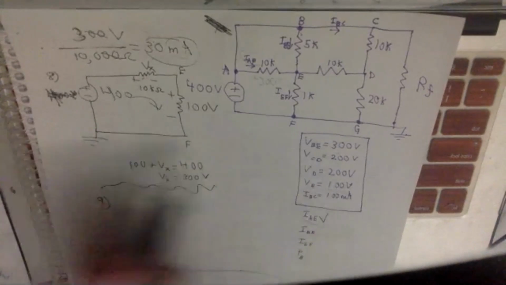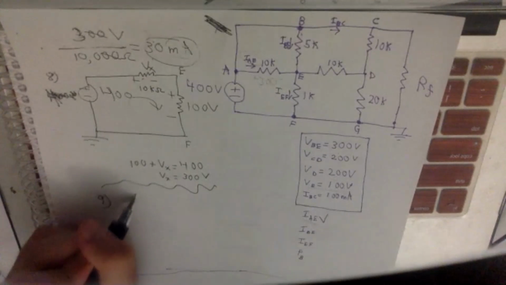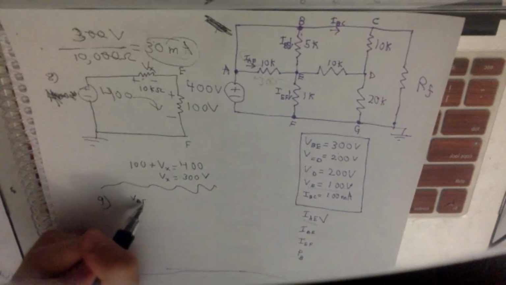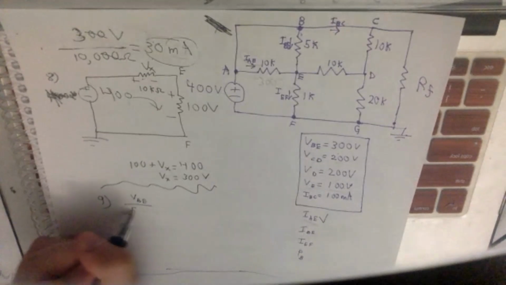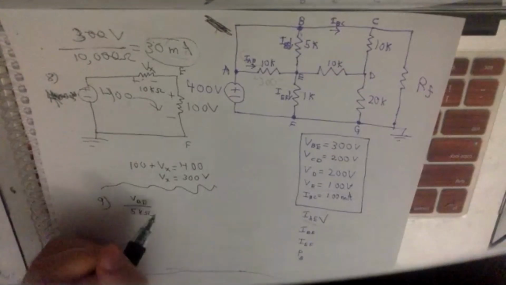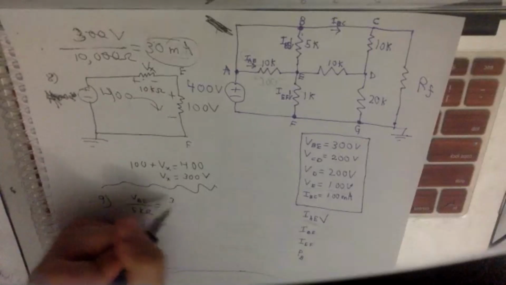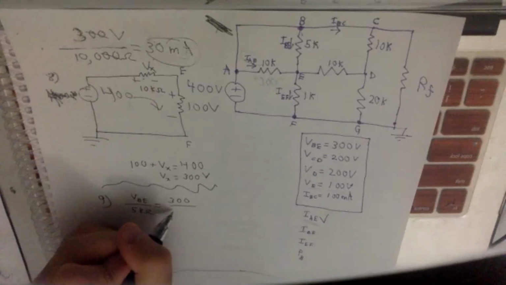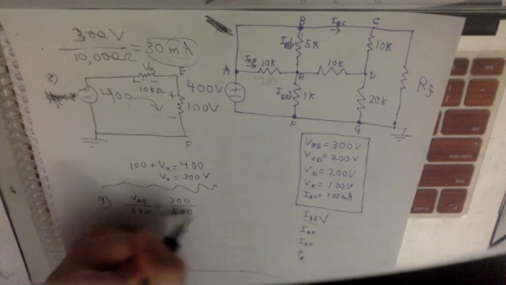So we have VBE over 5K ohms. It's going to equal 300 over 5,000.